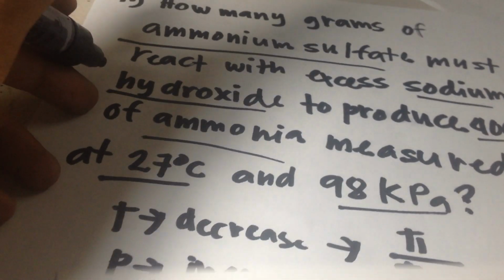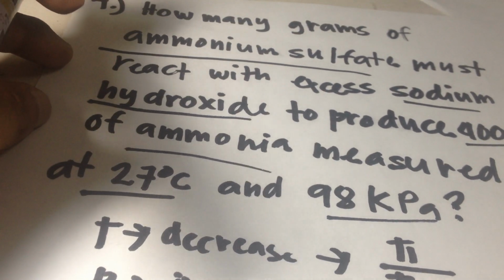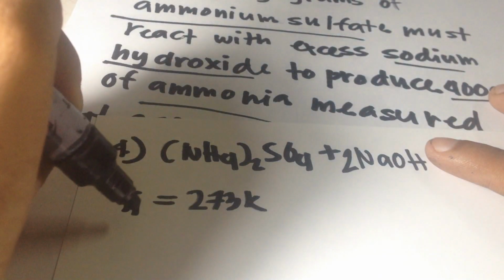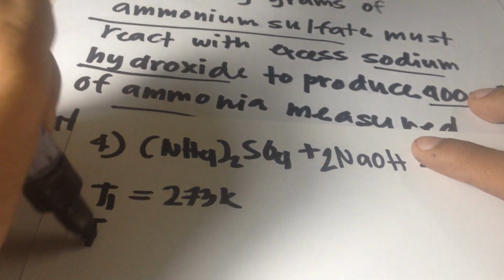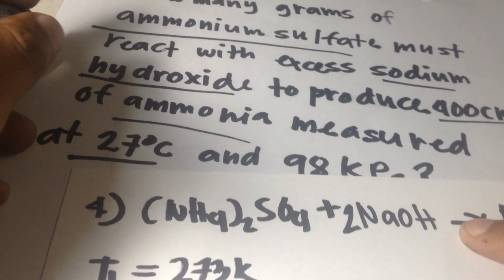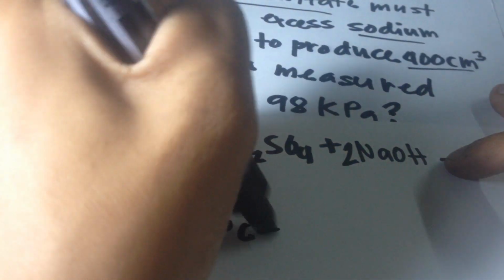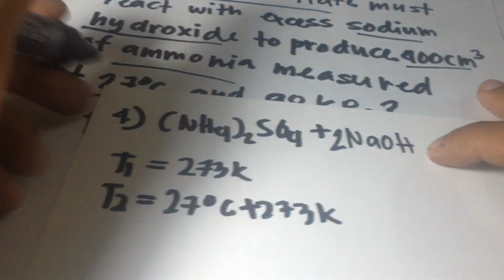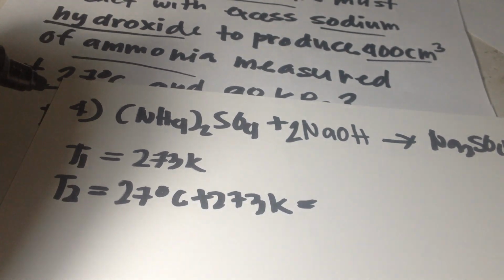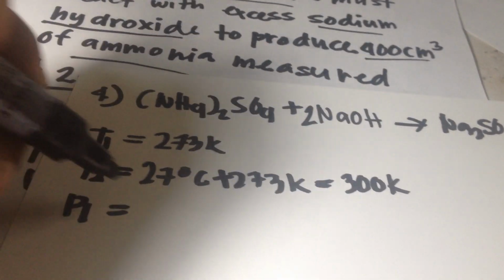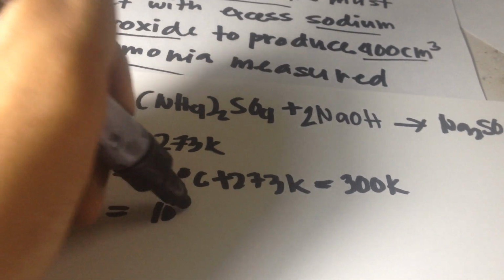So put the temperature. Temperature 1, which is at STP, is equal to 273 Kelvin, and temperature 2, which is 27 degrees Celsius plus 273, equals 300 Kelvin. And the pressure 1 is 101.325 kilopascal.